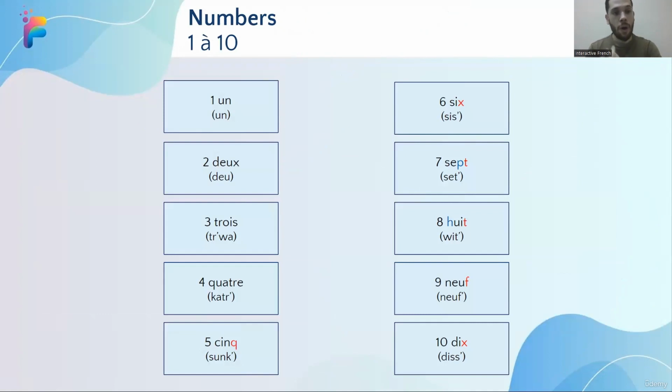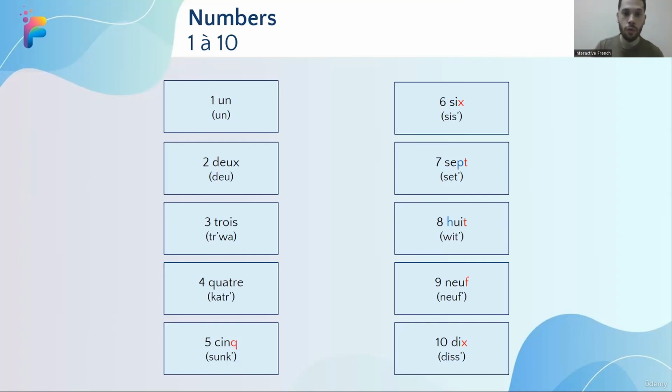So starting from un, okay? So un, that will be 1, okay? Moving on to deux, deux, okay?